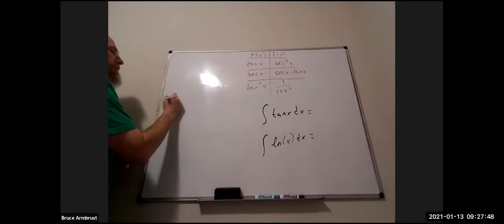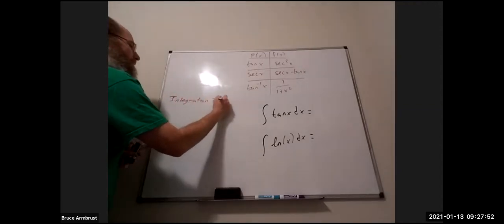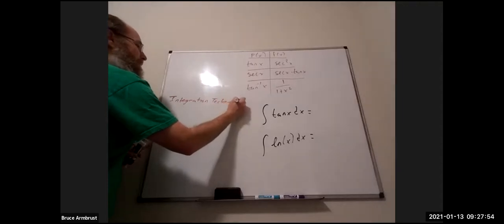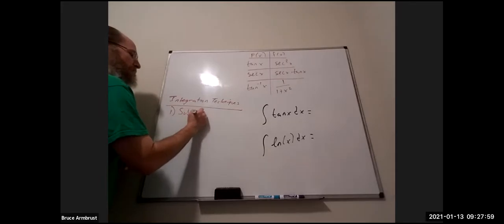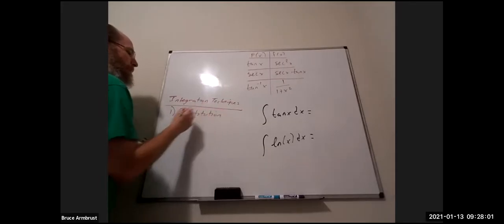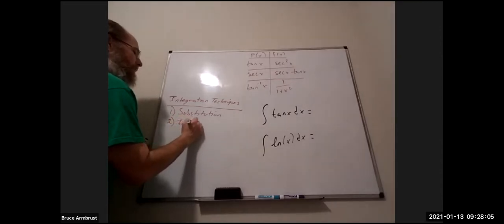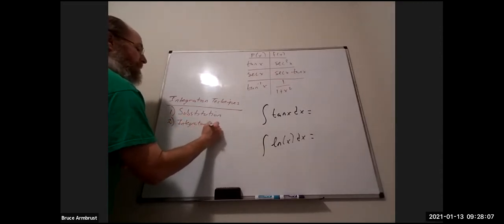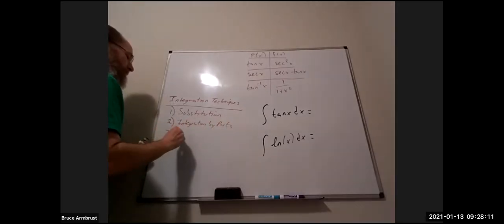All right, so let me just give you a list of some different techniques that we're going to run into. All right, so we're going to start today with substitution, but there are all kinds of other ones. There's integration by parts. There's trig substitution.